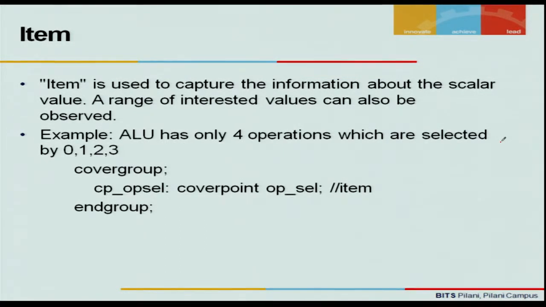Maybe your intention was to cover everything in one test case, but somehow because of a typo or something, only 0 and 1 got covered and 2 and 3 did not. From your side you thought you were covering 0, 1, 2, 3, but if you don't have these cover points you won't be able to know whether 2 and 3 are covered or not. That's the really good thing about coverage. It will tell you what you have not done and need to do, or that you have made some mistake.